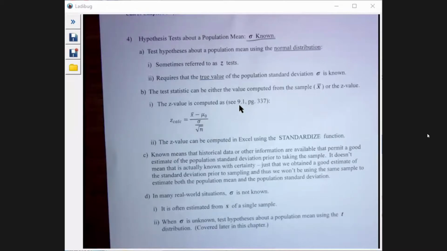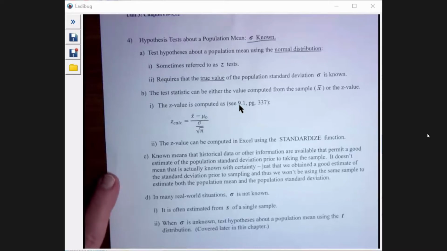But there are circumstances where we might either know it or have an idea of what it should be. There are a few circumstances where we can make this assumption, but for the most part we can't. So we'll get on to that hopefully either by the end of the class today or at the beginning of class next time.